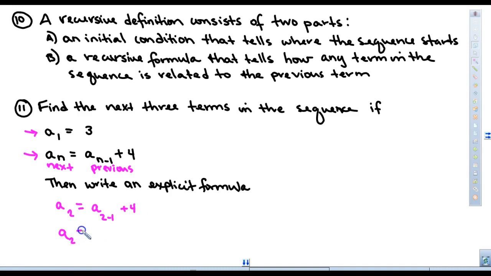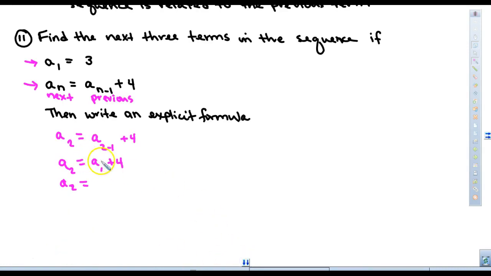So a sub 2 is equal to 2 minus 1 is 1. So that becomes a sub 1 plus 4. So a sub 2 is equal to a sub 1, which is 3, plus 4. So that means that a sub 2 must be 7.